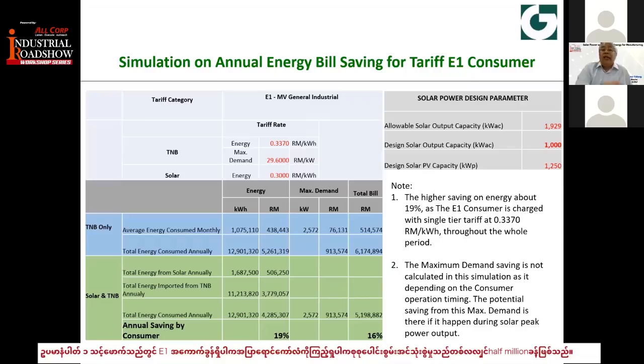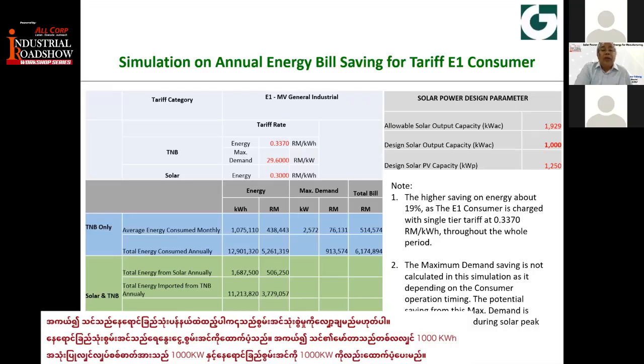If you look at the blue column, TNB only, on average the total energy consumption is about 12 million kilowatt hour per month. And every month their bill is about 5 million ringgit. So 5 million ringgit divided by 4.2 is about 1 million US dollar.